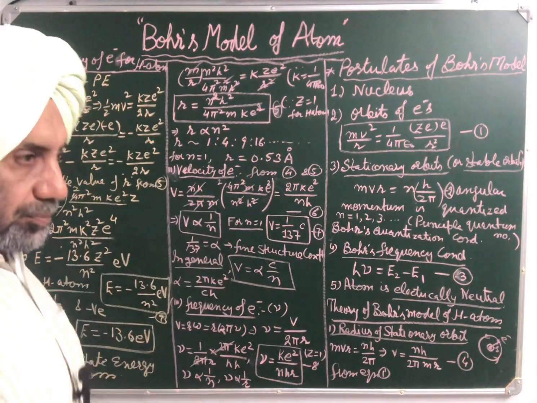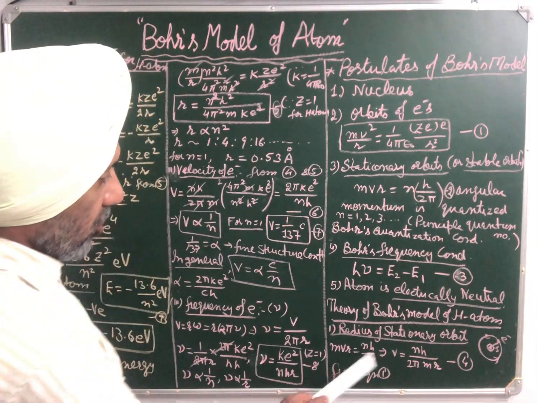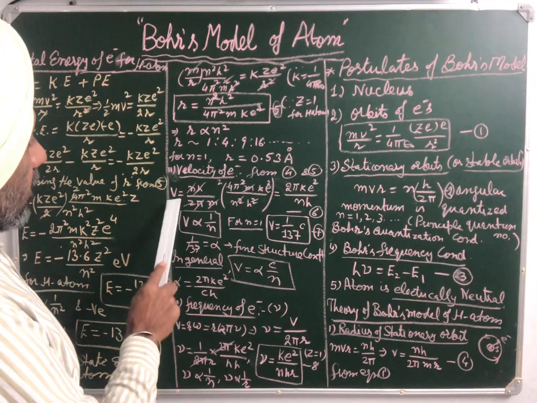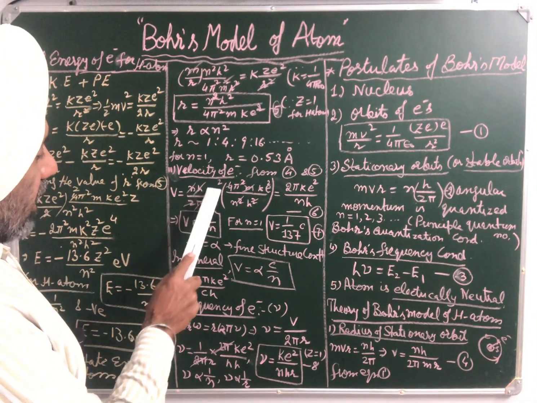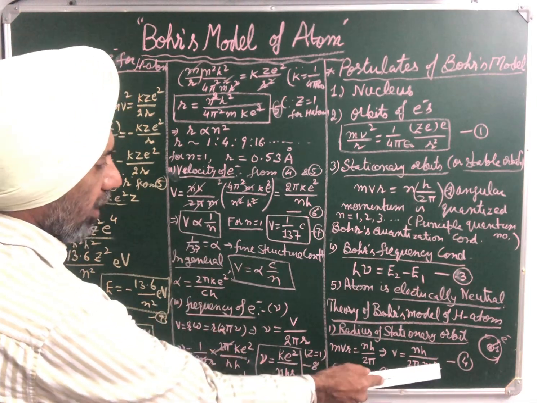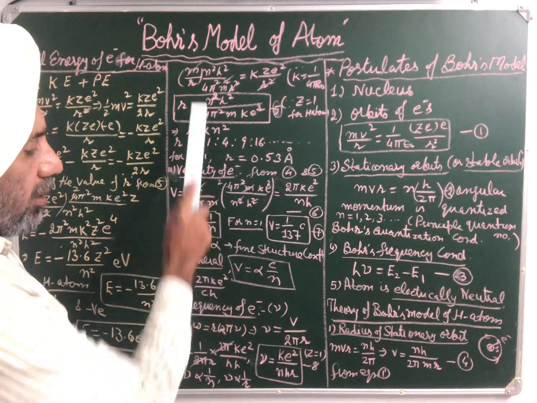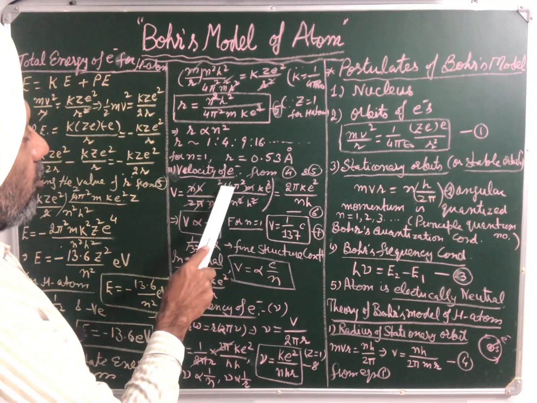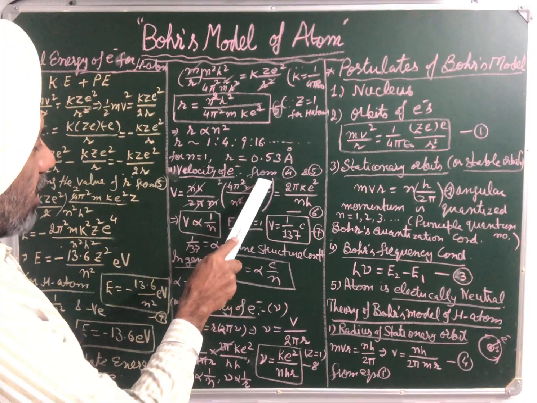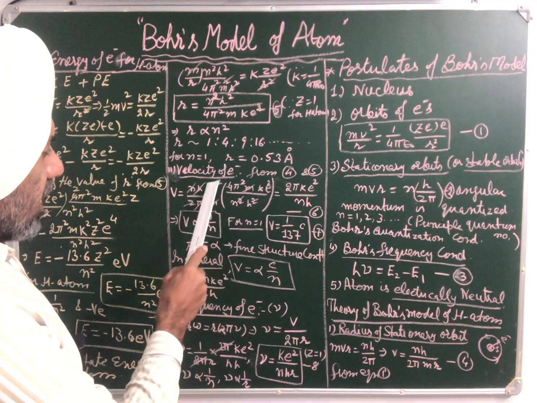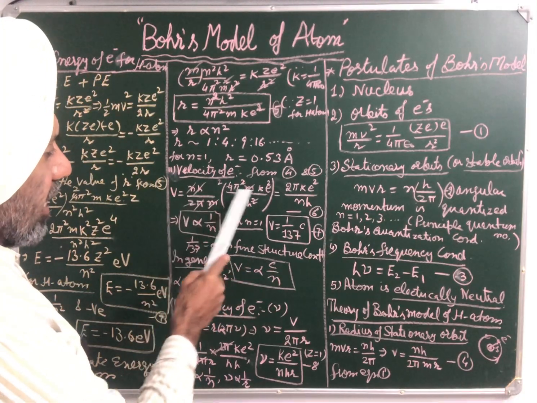Then the velocity of the electron. To find the velocity of the electron, from equations 4 and 5, we have v is equal to nh upon 2 pi mr. Substitute the value of r that we have calculated. So it will be n square h square in the denominator, 4 pi square m k e square. m cancels, one pi cancels, h cancels, one n cancels.